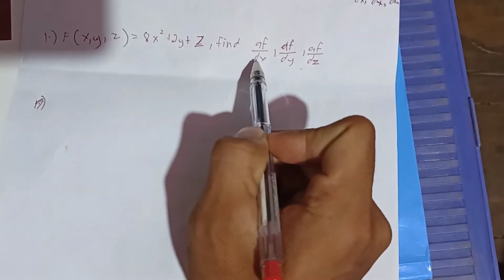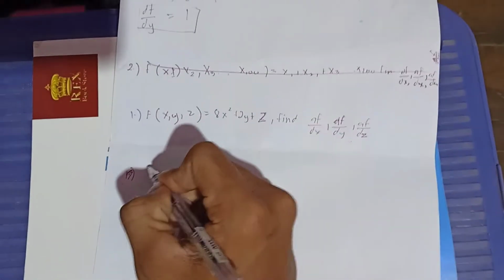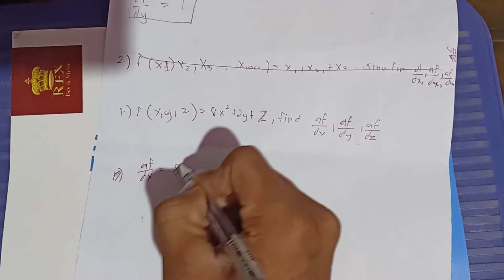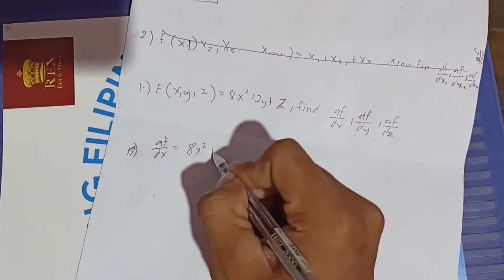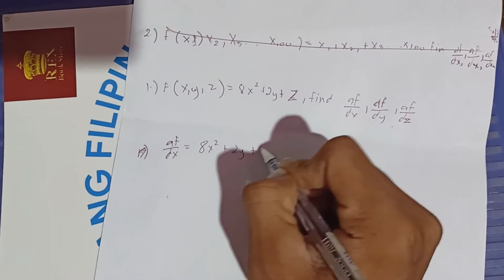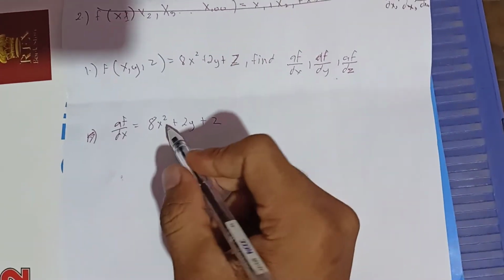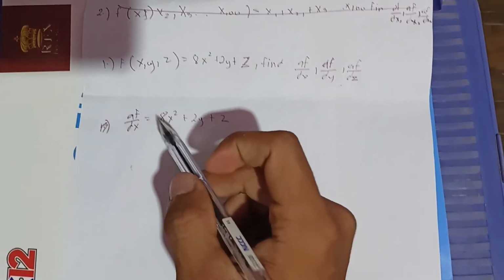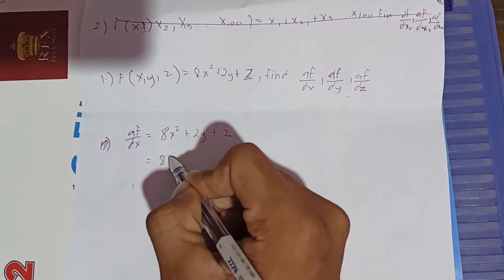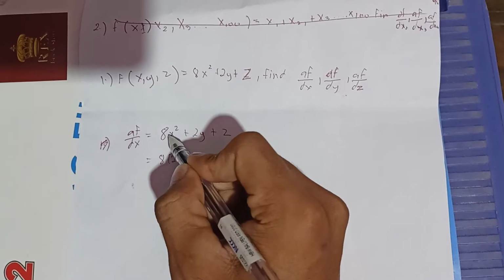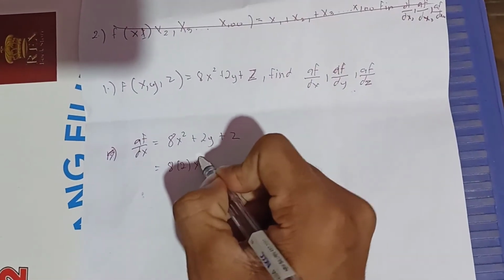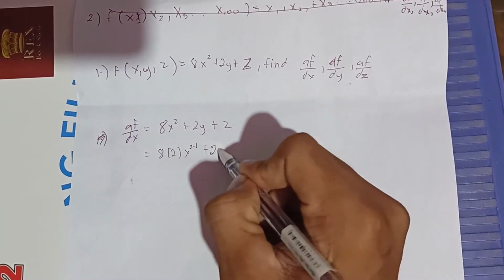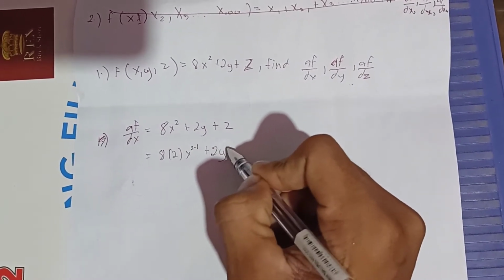Let's find ∂f/∂x first. So ∂f/∂x is the derivative of 8x squared plus 2y plus z with respect to x. The derivative of 8x squared will become 8 times 2, because we bring down the 2, and then x to the 2 minus 1. With respect to x, the 2y will become 0.